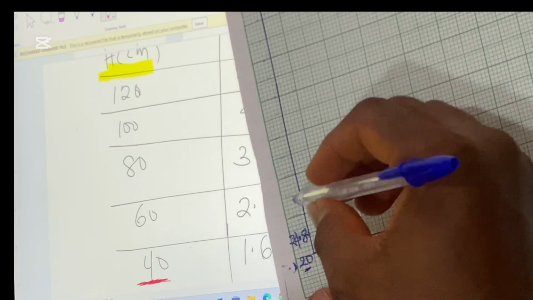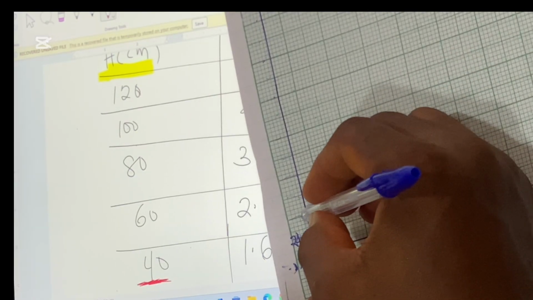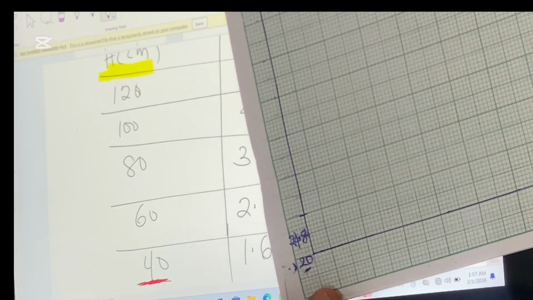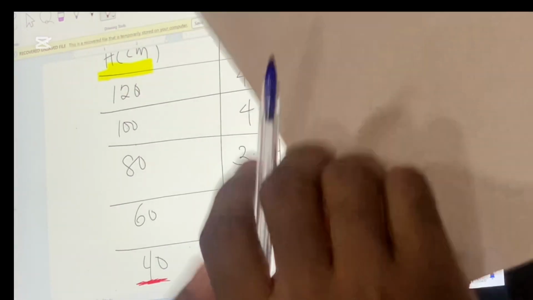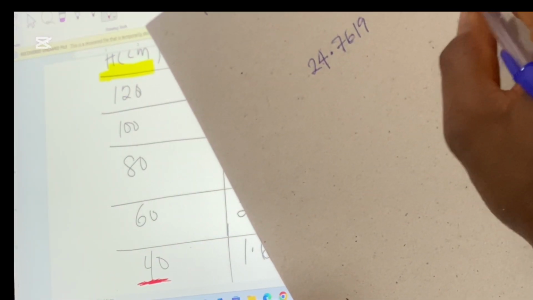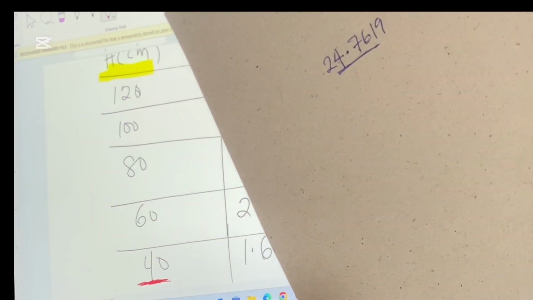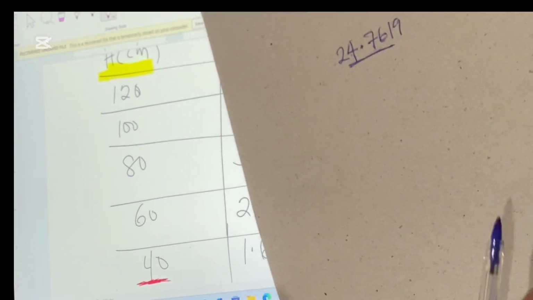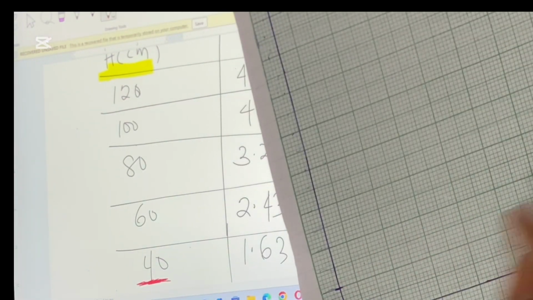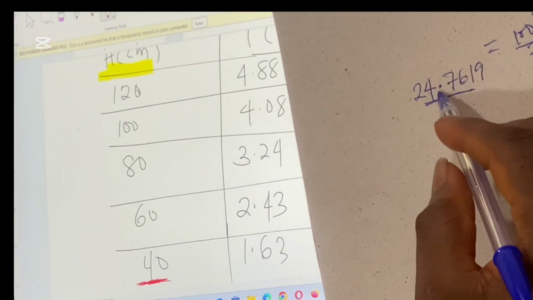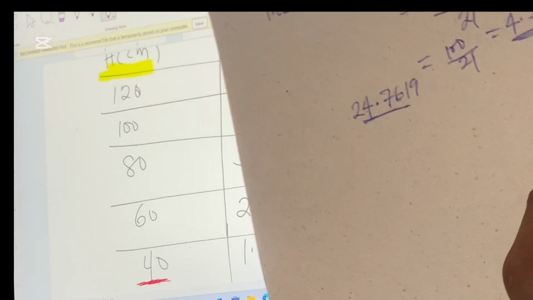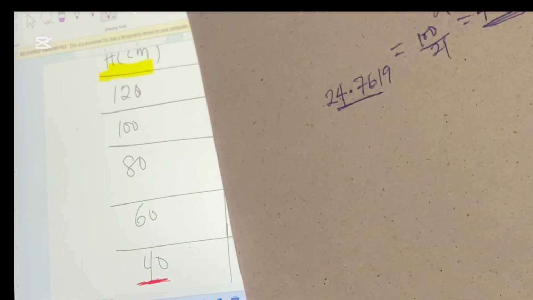Now the next is to find the next value here. To find the next value, I'll add this interval value to this value here. So class, you don't use this approximated value here. You use the full value to avoid errors. Now let's do that.